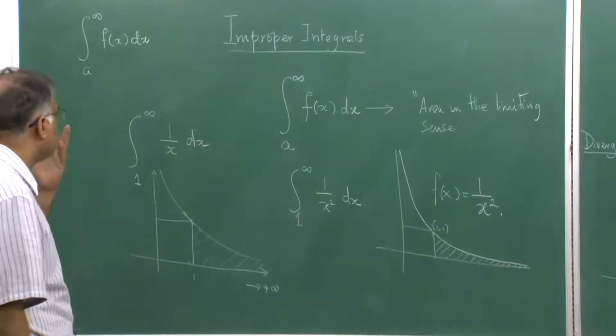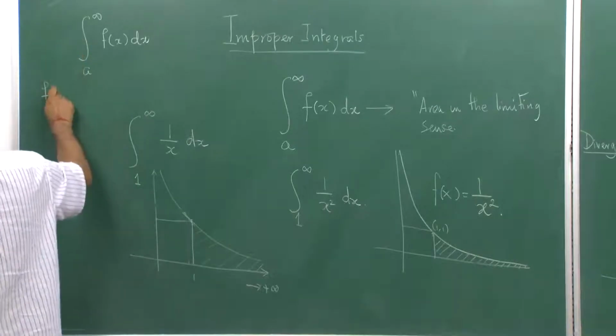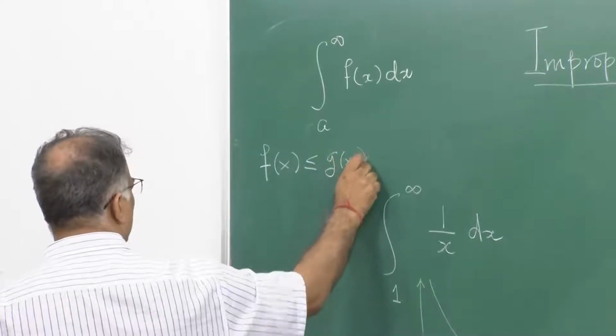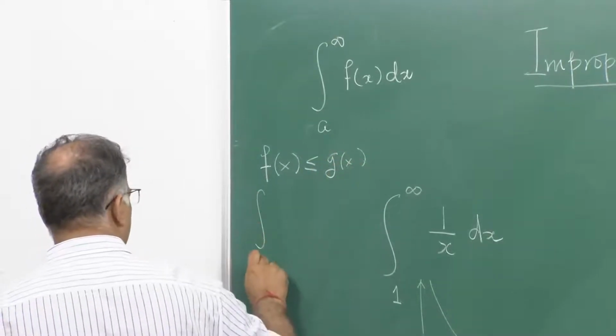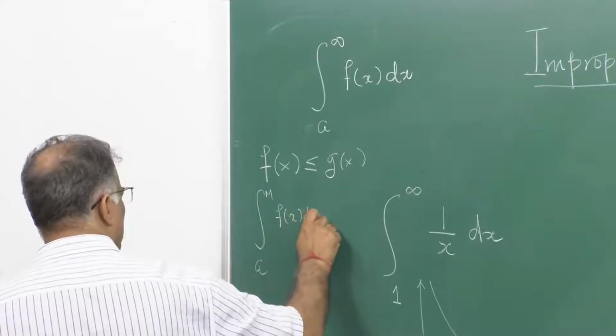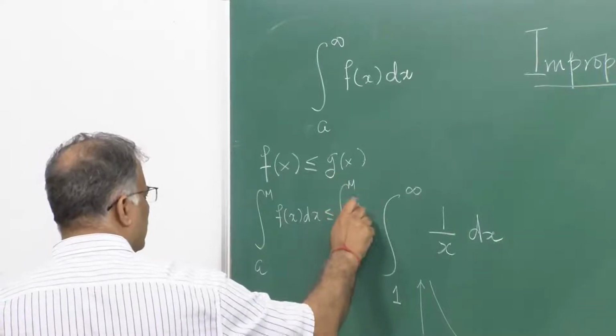One of the good ideas is the following, that suppose f is such that over that range f(x) is less than or equal to g(x), then you know that the integral from a to m of f(x) dx is less than or equal to the integral from a to m of g(x) dx, for any m.